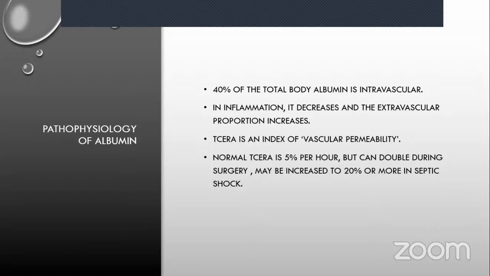The transcapillary escape rate of albumin is an index of vascular permeability. So in sepsis, inflammation, trauma, as we're going to see, it will increase. Normally it is 5% per hour, but can double in surgery. This question was asked. Yes, surgery, trauma can contribute to that, and it may increase up to 20% or more in septic shock.